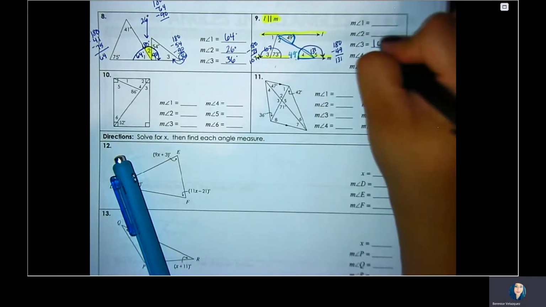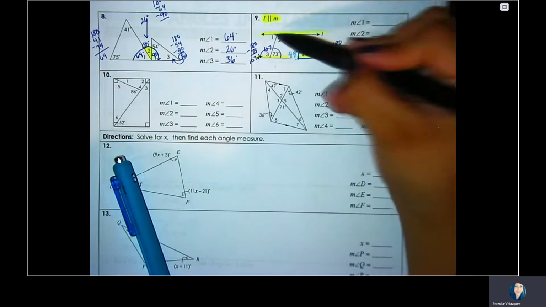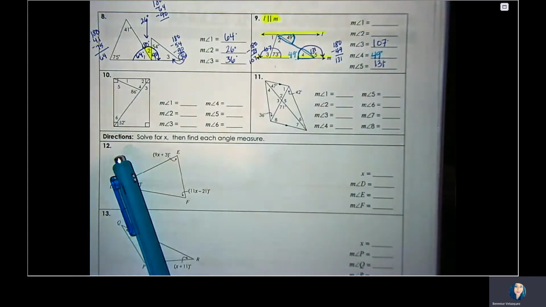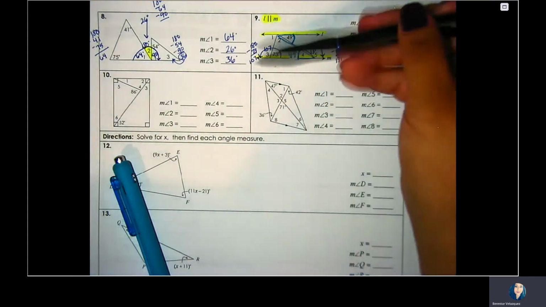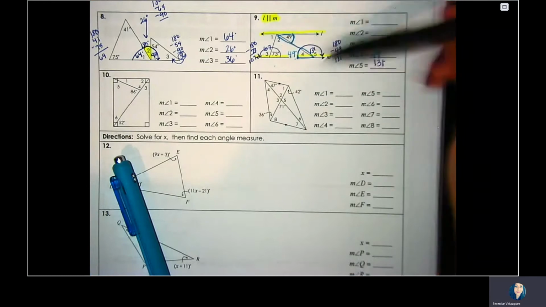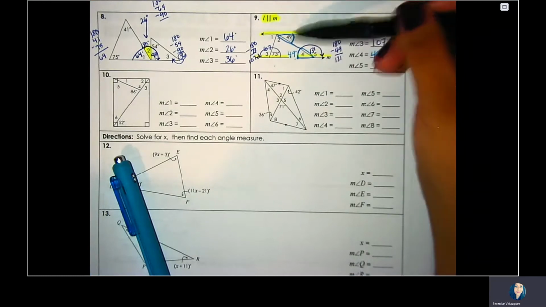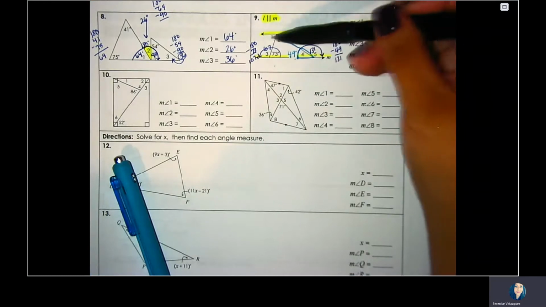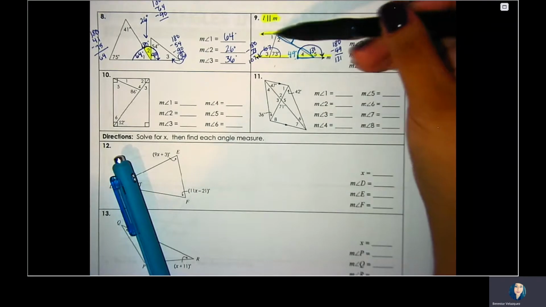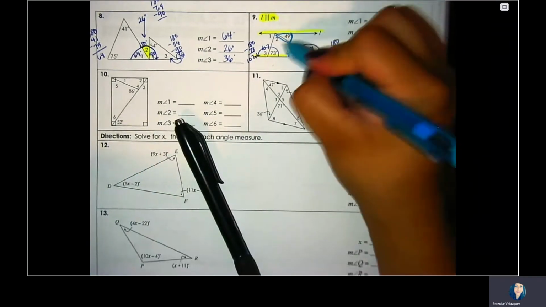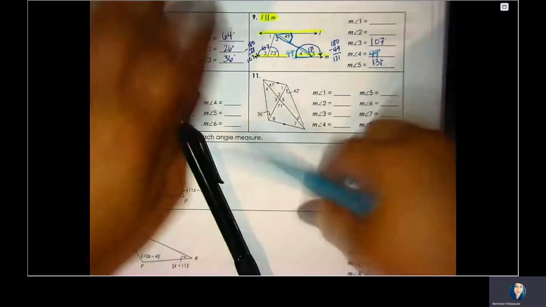So over here, we just have 2 that are missing, angle 1 and 2. Once we find 2, we'll be able to do the same thing here, which is subtract from 180, because this is a straight line. But in order to be able to do that, we have to have one of these angles because you can only be missing one. Okay, to find angle 2, remember, I could use a sticky note on this side, and then technically I would need another one, a sticky note on this side.